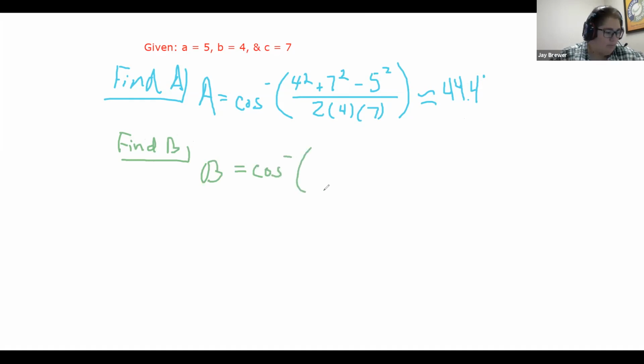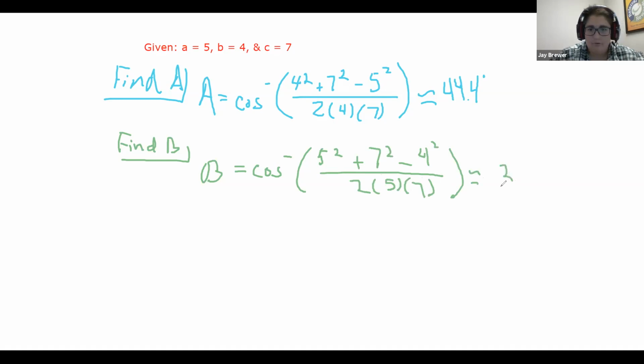We're going to end up with 5 squared, which is A squared, plus C squared, minus B squared, over 2 times A times C. You plug that in and figure it out, and you end up with 34 degrees. Okay.